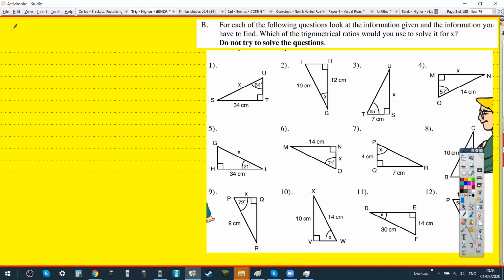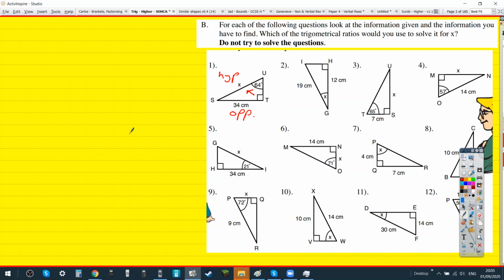Would it be ST? Yep. So this is the opposite. And the adjacent is SU. That one is opposite the right angle. Oh, so it'll be the hypotenuse. Yeah. Okay. Try question 2.